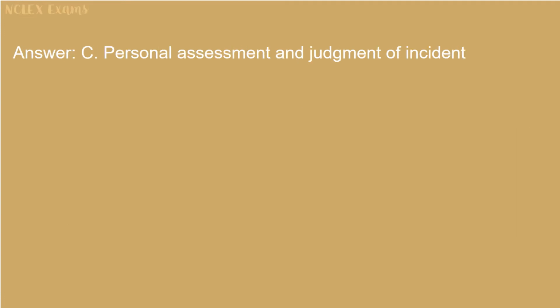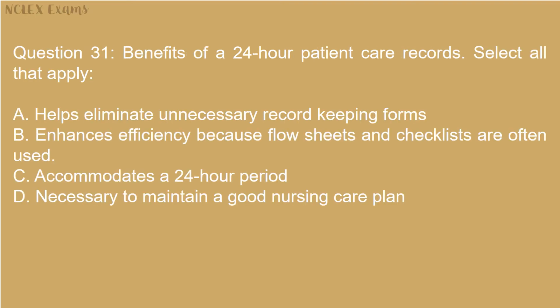Answer: C. Personal assessment and judgment of incident. Question 31. Benefits of a 24-hour patient care records. Select all that apply. A. Helps eliminate unnecessary record-keeping forms. B. Enhances efficiency because flow sheets and checklists are often used.